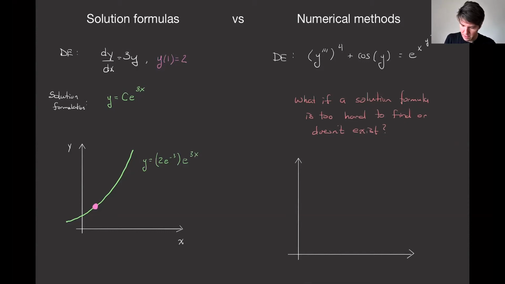So let's say again y of 1 is equal to 2. So you have some starting point, say like this. And what you do is you apply a numerical method to approximate successive values. So you've got your starting value at (1, 2), but it can be wherever.